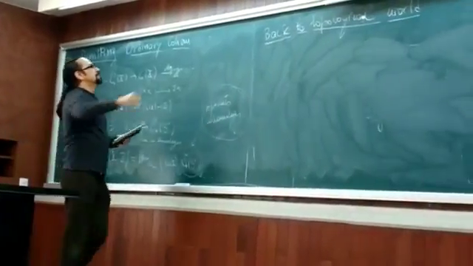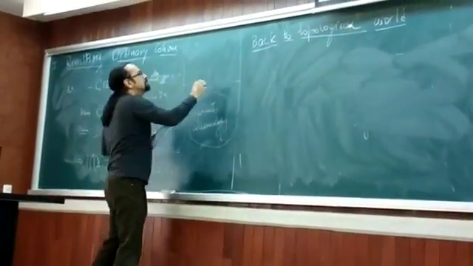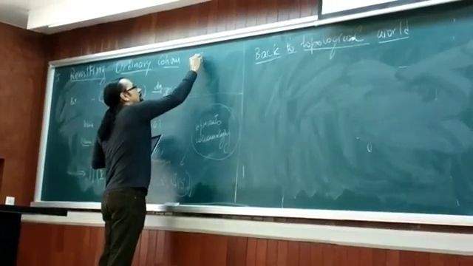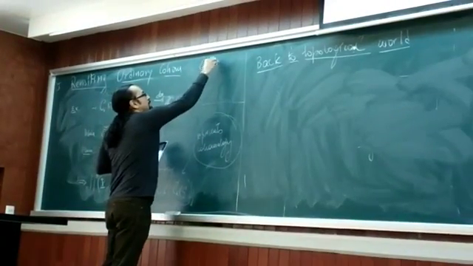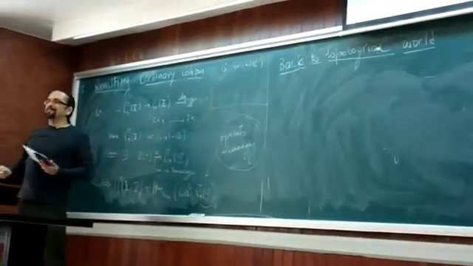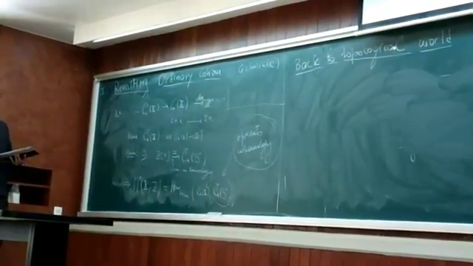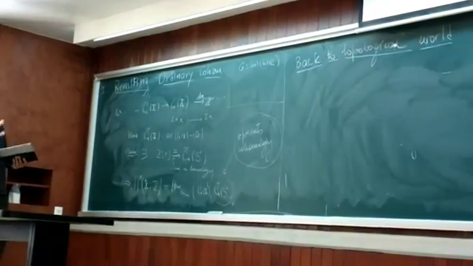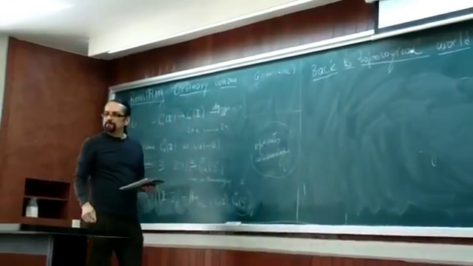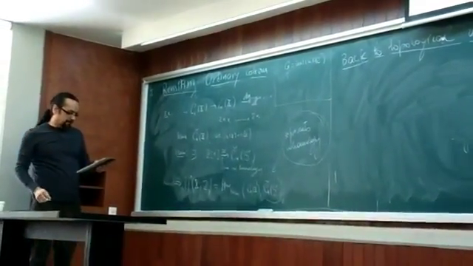And ultimately the goal is to work with one of my favorite groups besides the trivial group, which will be the Galois group of C over R. It's a very complicated group. It's much more than you think. But that will be the goal, to understand equivariant cohomology for this group. It's isomorphic to Z mod 2.